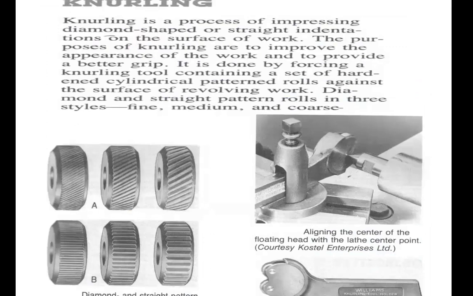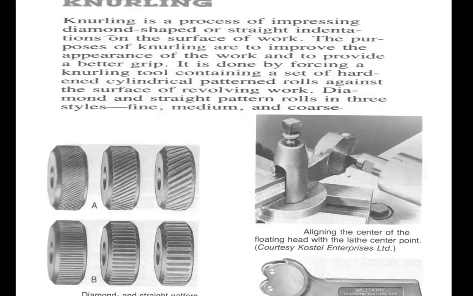And the last part is about knurling. Knurling is the surface pattern, not to say a surface cutting process, surface forming process, but it is the process specifically created for having a specifically created pattern.